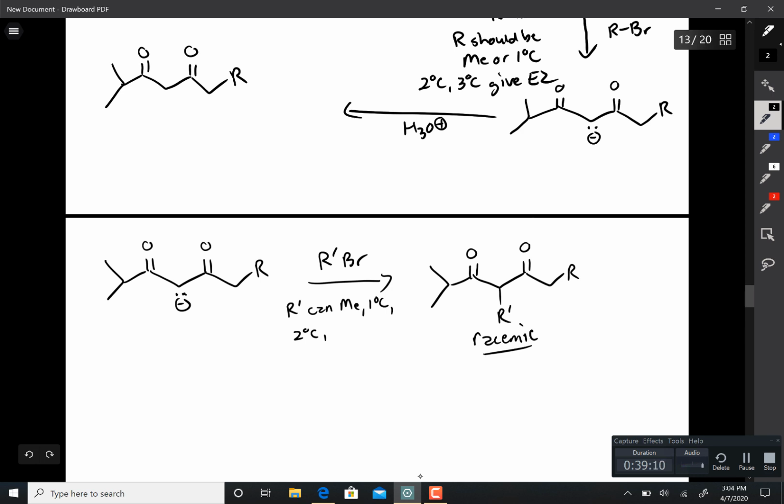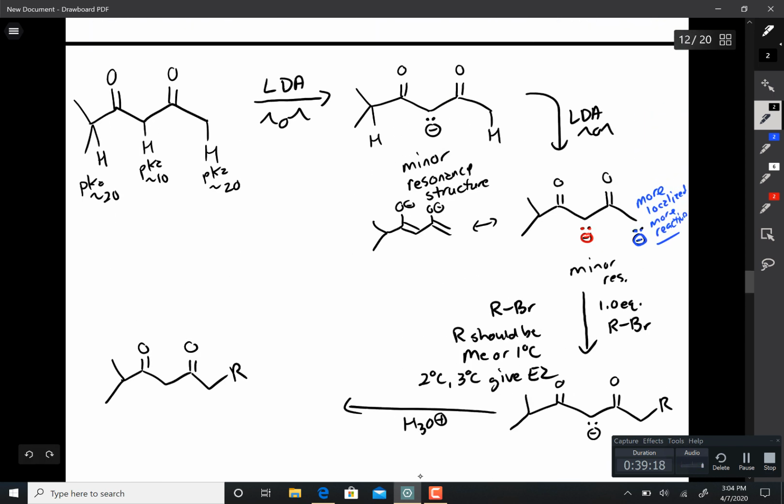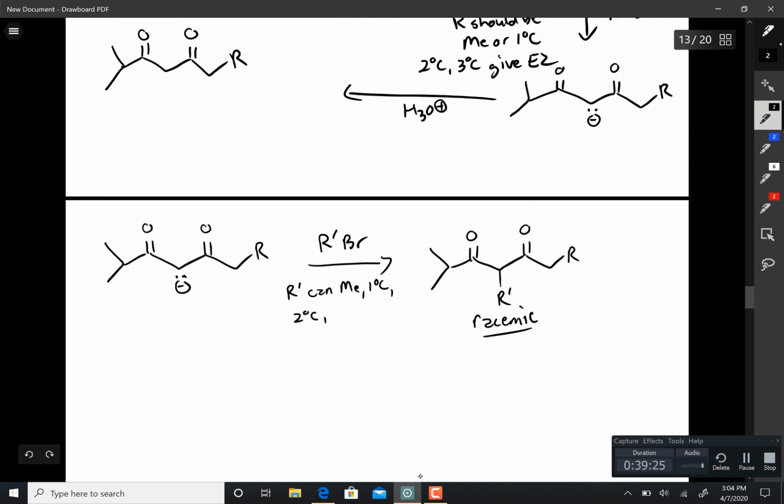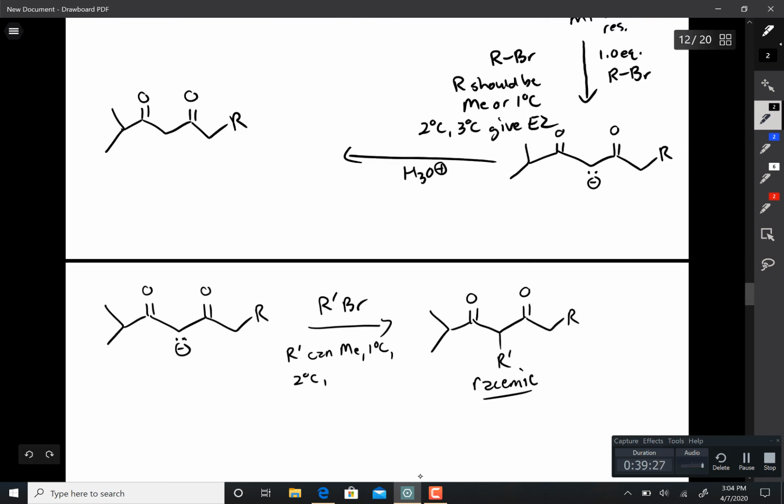And you can get alkylation there. And so we have essentially created carbon-carbon bonds, and we can do it selectively on either carbon that we want.